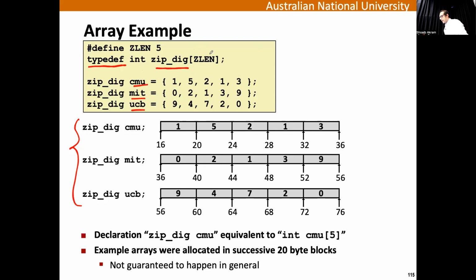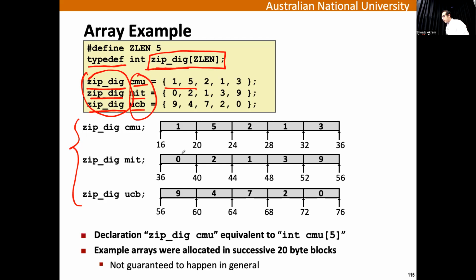At this point, I can use zip_dig as a complete type, and this is a type of array of 5 integers. Okay, so then I don't have to type square brackets all the time. I can just use the type name directly, and then this becomes a new type, and then I can use variable names to declare arrays.